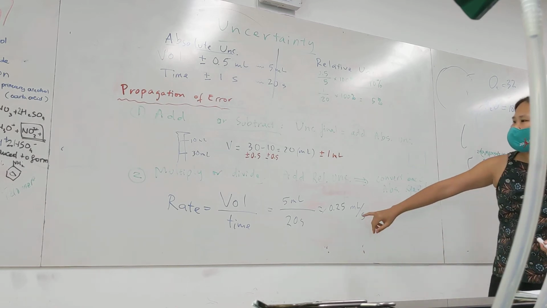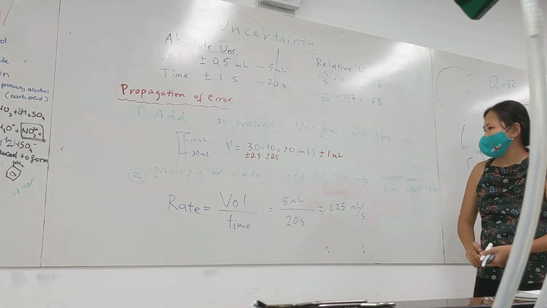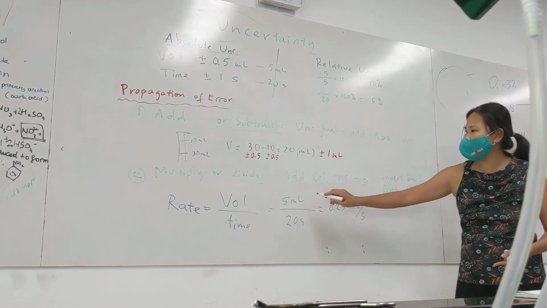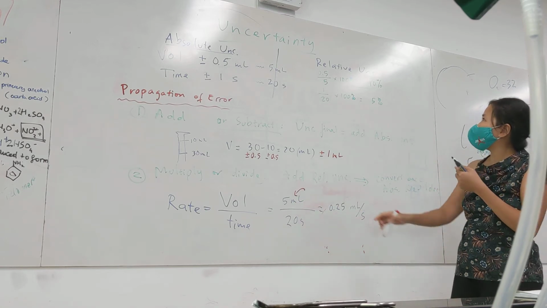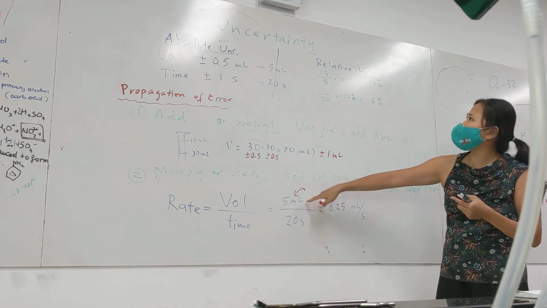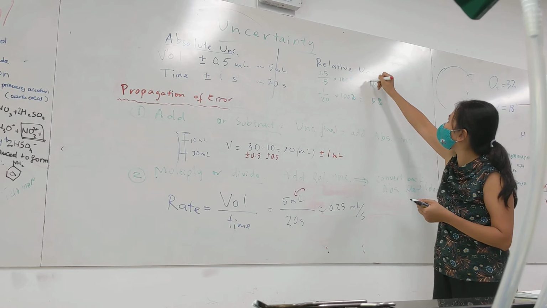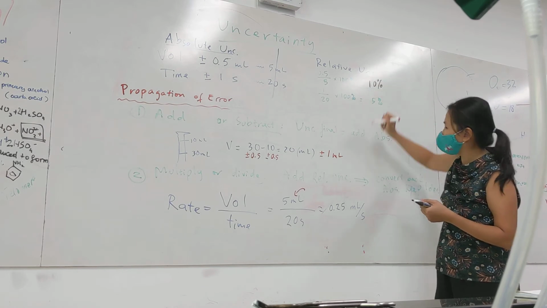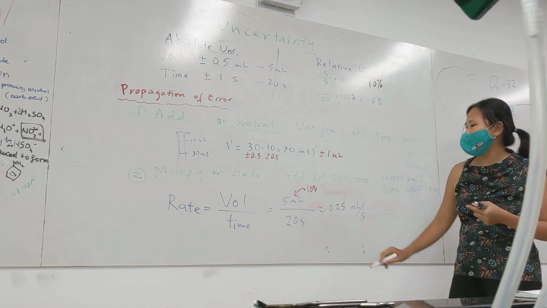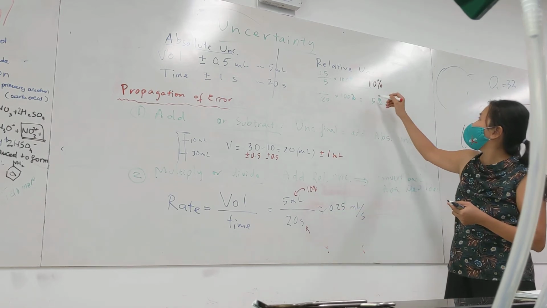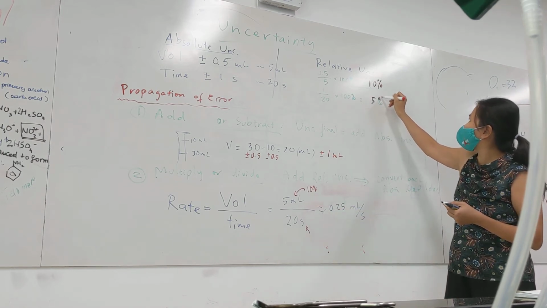Here's your rate. The uncertainty for this rate will have to be whatever percentage uncertainty for this guy. So 5 milliliter has a relative uncertainty of 10% here, right? So 10% uncertainty for this value. And then this 20 seconds has an uncertainty of 5% here.